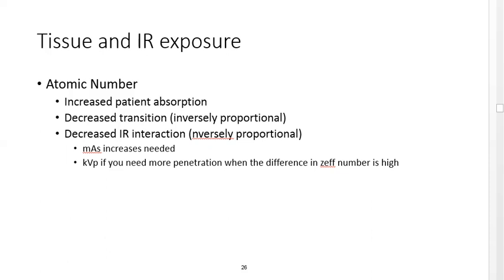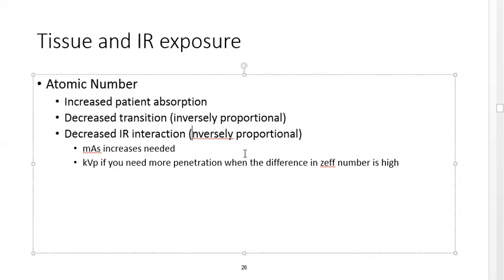So truly atomic number, if we have a tissue type that is replaced by a tissue type of higher atomic number, then we're certainly going to get an increase in patient absorption. We'll get a decrease in what's transmitted through the patient.